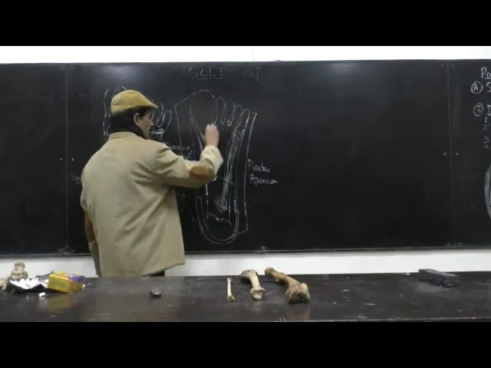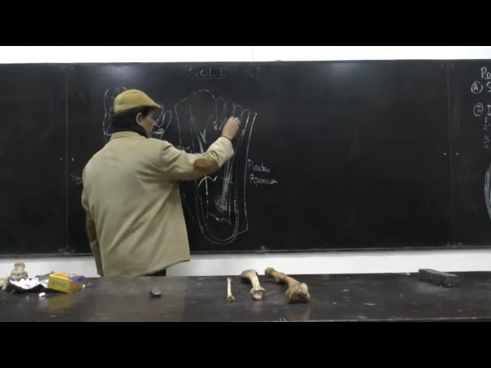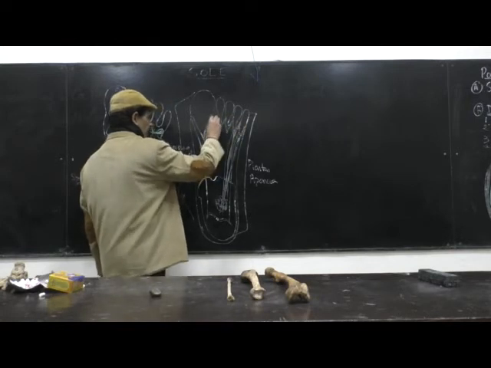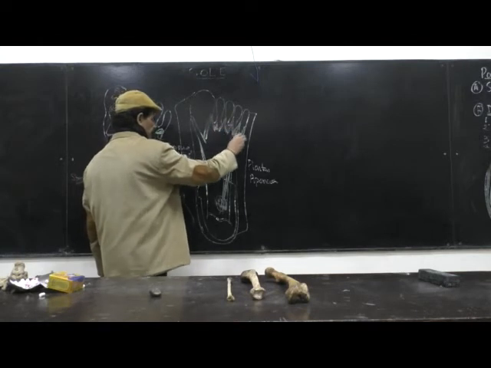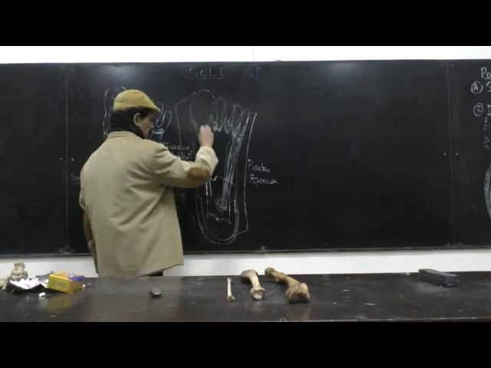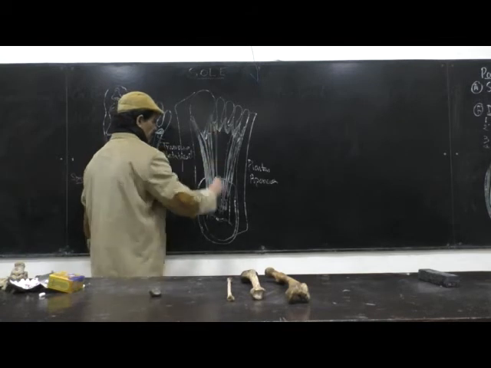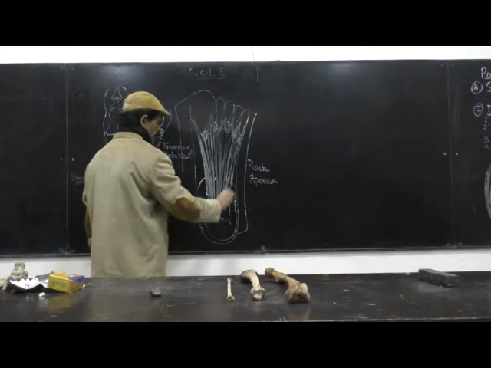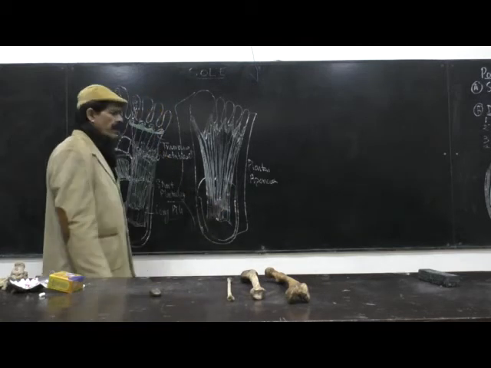It is divided into 10 slips, 2 for the base of each digit. So this is the plantar aponeurosis. It protects the deeper layers of the muscles and the arteries, veins and nerves of the sole of the foot. So it is very rough and tough and weight bearing also.